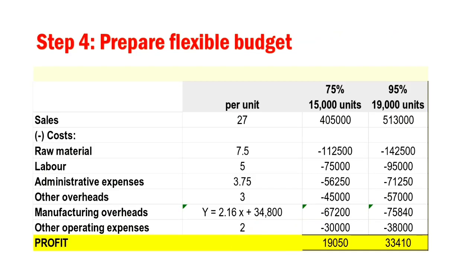Step 4. Prepare flexible budget. So the question requires us to prepare at 75% and 95%, which is 15,000 units and 19,000 units. We get this number from step number 1. So we list down sales minus all the costs equals profit.